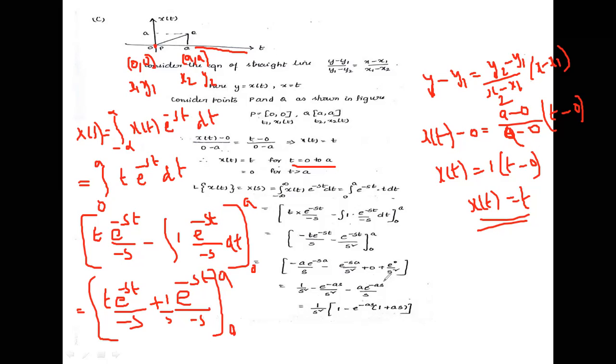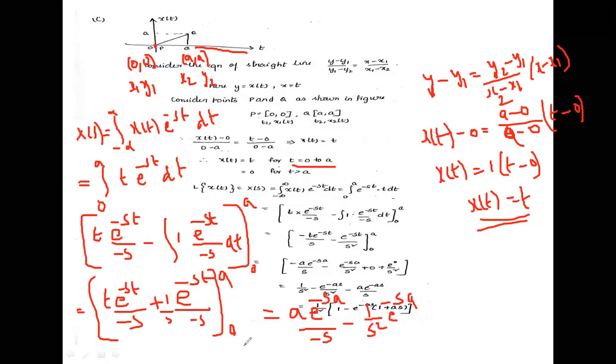Now substitute the a value wherever t is there: a into e power minus s a by minus s, and the minus 1 by s square into e power minus s a for these two terms.